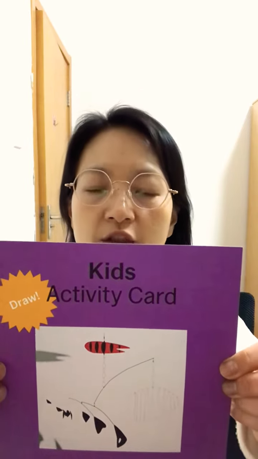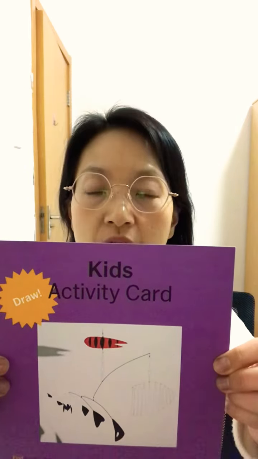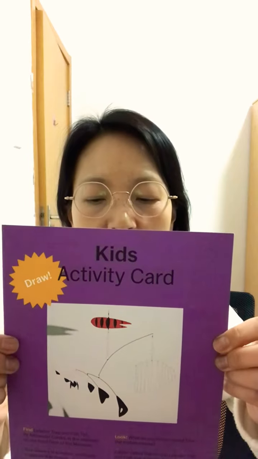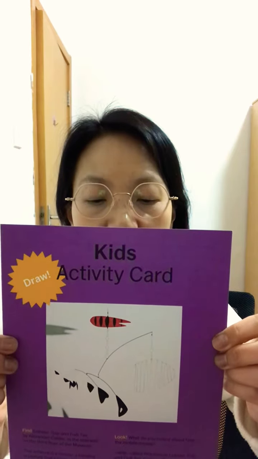So you may have two questions: how did Calder attach the pieces together, and how do they balance together? This gives you balance all together. This is what we are going to draw for the next step.